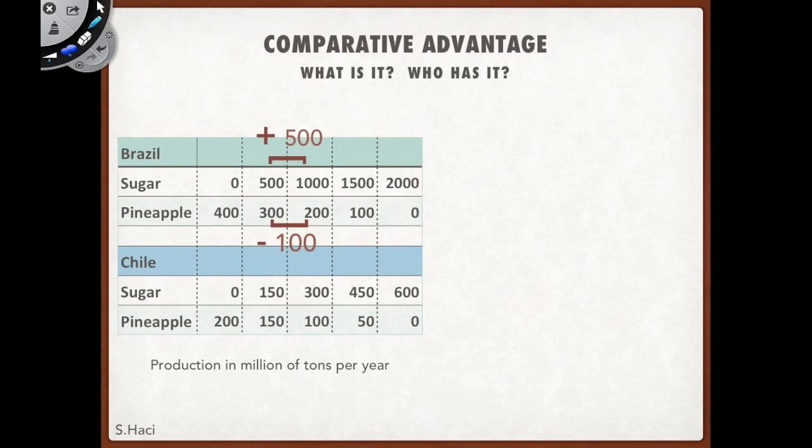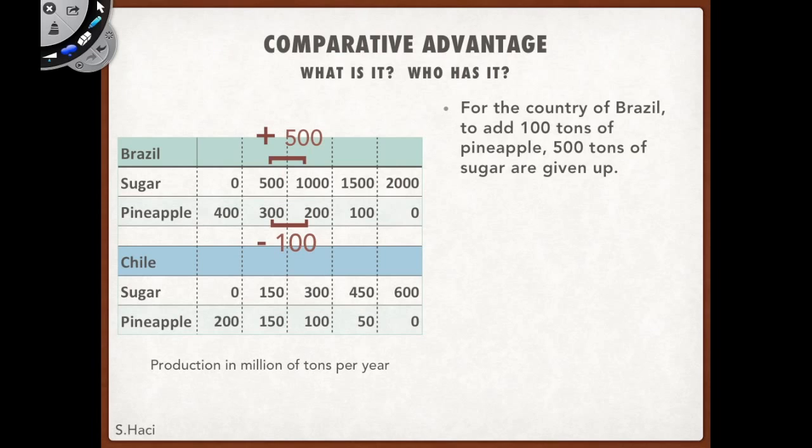A couple more examples. If you calculate the opportunity cost for pineapple this time for Brazil, if Brazil wanted to add pineapple, so go from 200 to 300 and add 100, they would give up, this is a negative sign, 500 tons of sugar to do so.